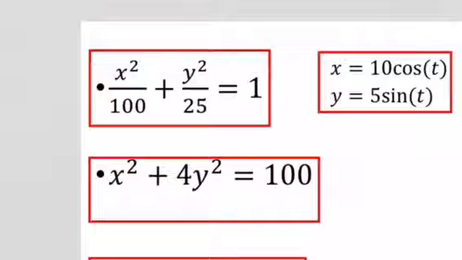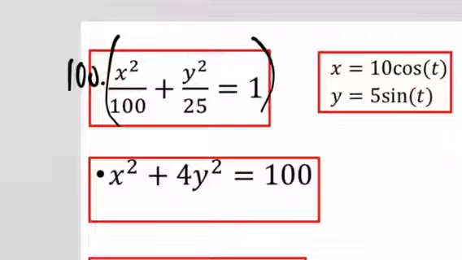If we multiply through by 100, the 100 here cancels with this 100, and then we have 100 over 25, and then 100 times 1. So we get x squared plus, what's 100 divided by 25? It's 4, and then 100 times 1 is 100. So these two are the same.